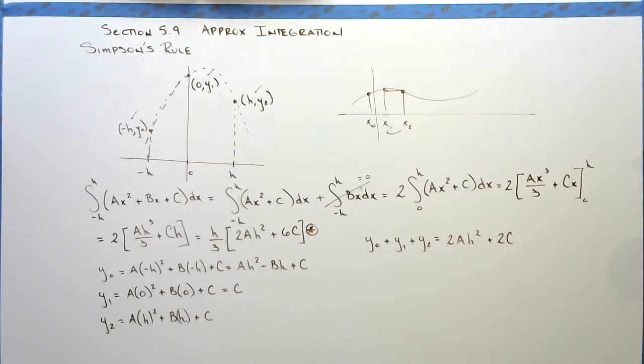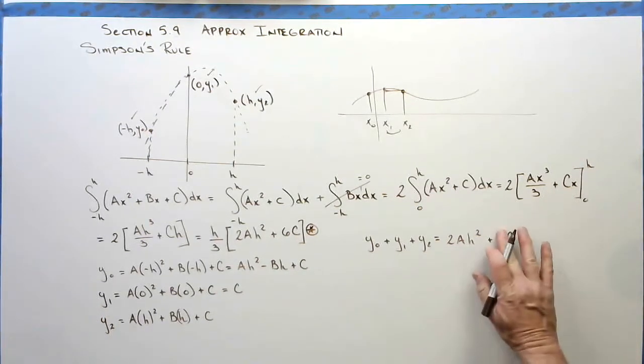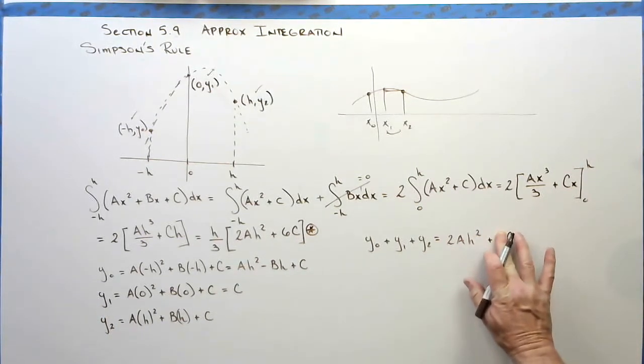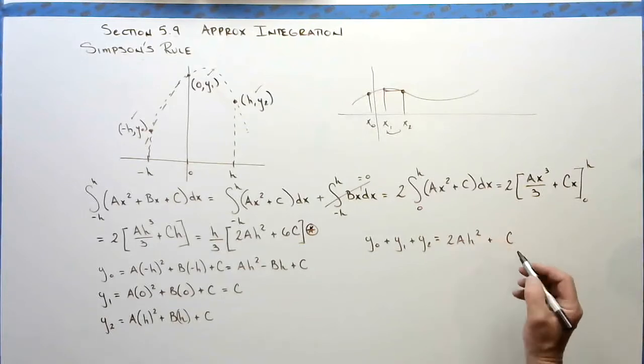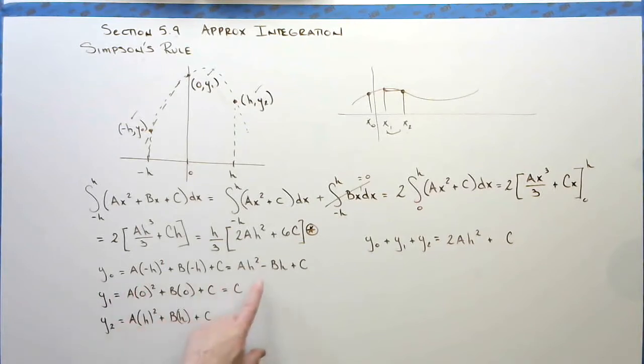So instead of just taking one y naught, which gave us 1c, plus 1c plus 1c, so when we added them together, we got c plus c plus c.